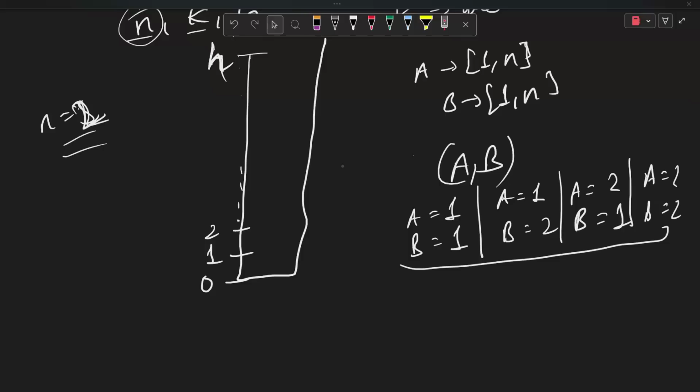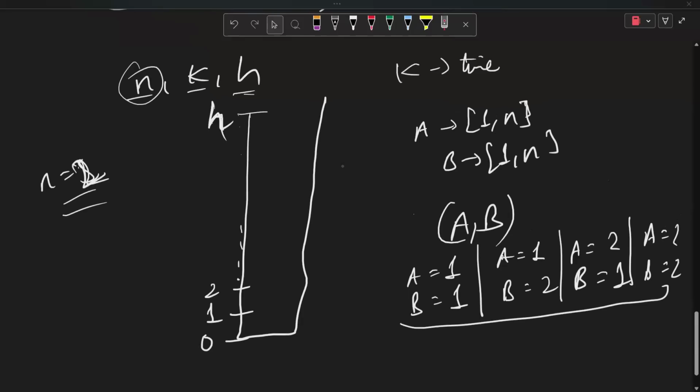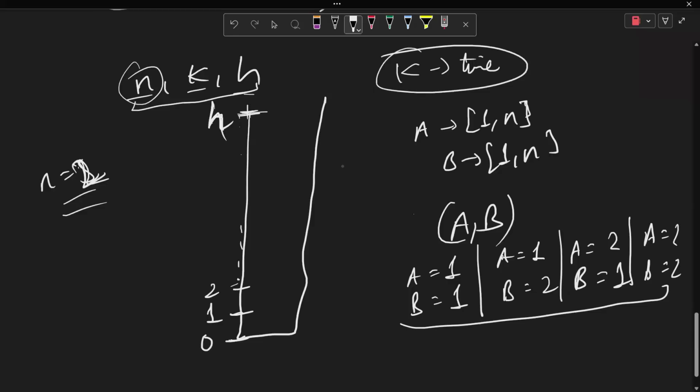Okay, I was explaining that you are just given in input n, k, and h. So h represents the height of the well. These are the coordinates of the well starting from 0, 1, 2 up till h. H is the maximum height, and k represents the maximum time that we have, and n is the range for a and b.